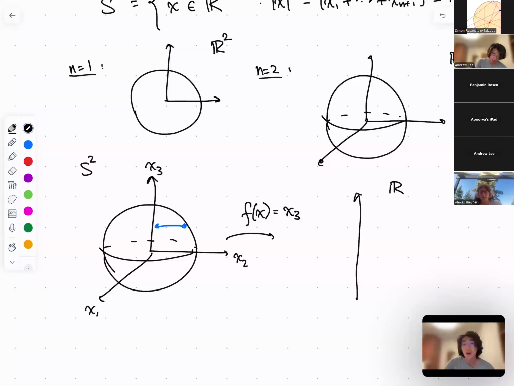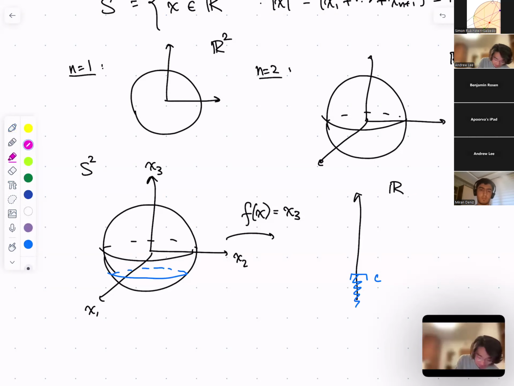One time I heard a talk where the speaker was pontificating about climate change, and he said this is a very applicable analogy for this generation: imagine you have the sea at some level C, and you look at everything at or below this height C. This is what you call the sub-level set.